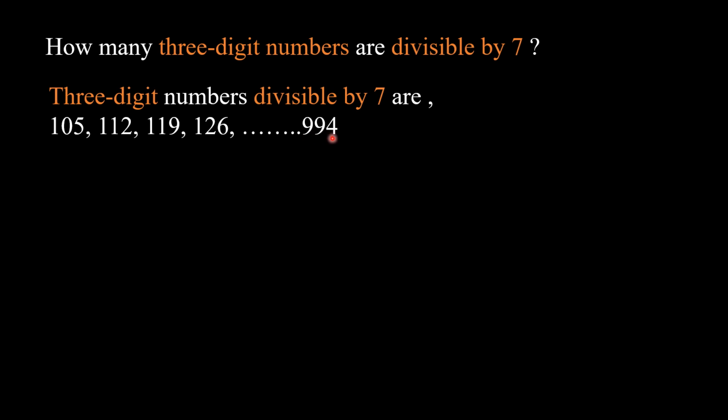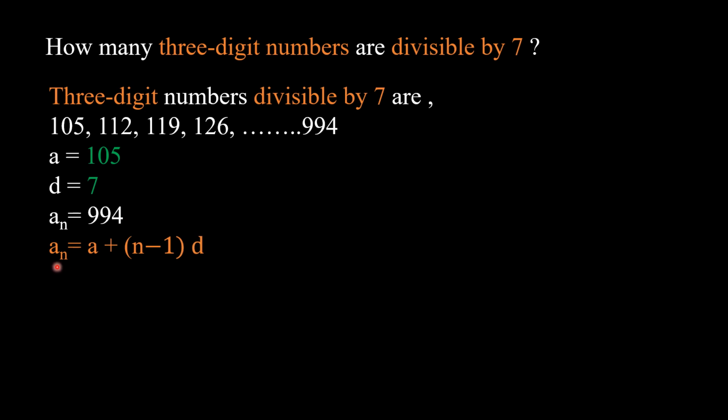Now here for this A.P., a equals 105, d equals 112 minus 105, that is 7. And we will assume the nth term to be the last term, which is 994. So we write a_n equals 994.